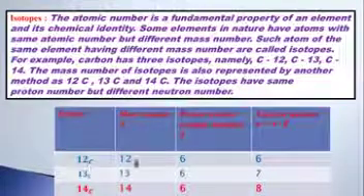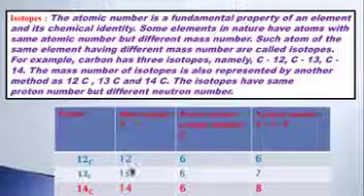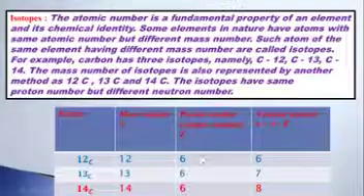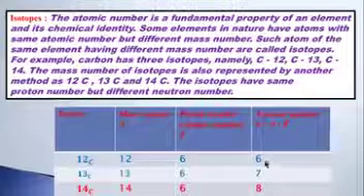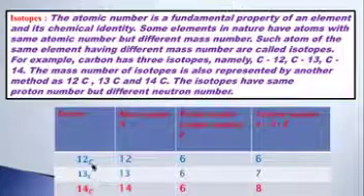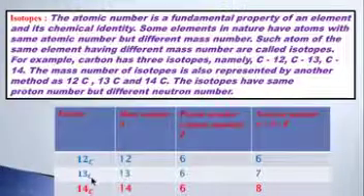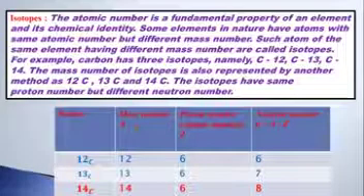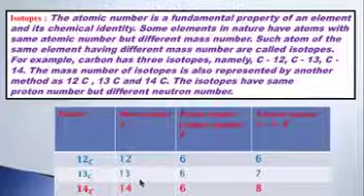12C: mass number is 12, number of protons 6, number of neutrons 6. 13C, here is one example of the same element: 13 is the mass number of this carbon.